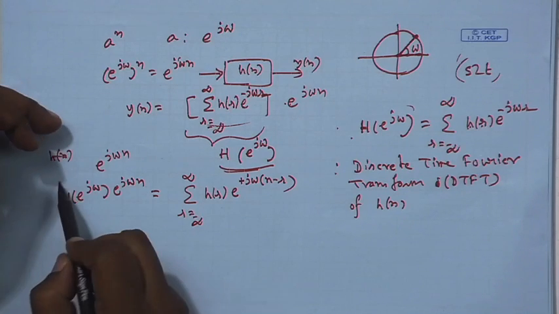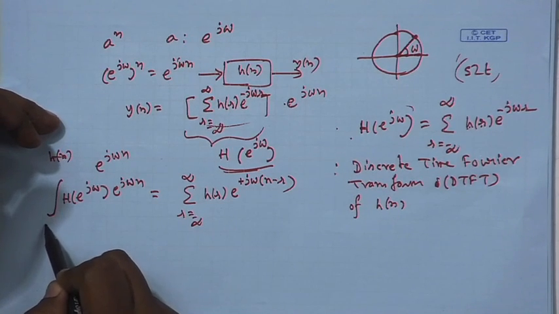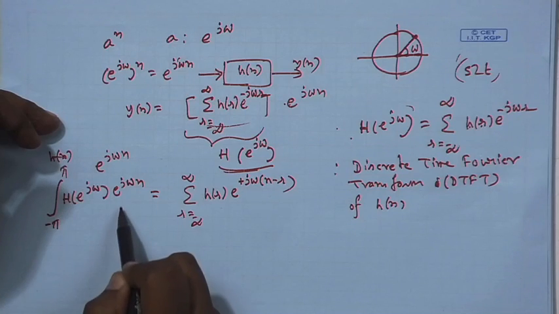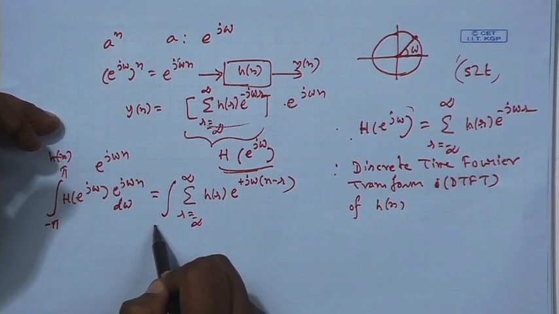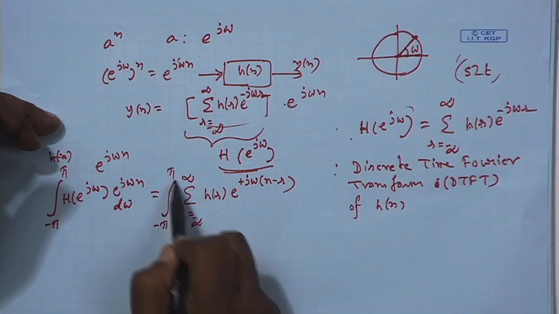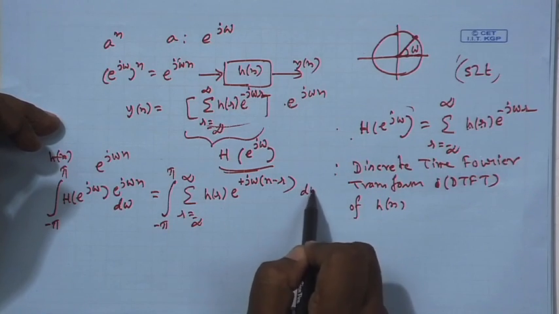No problem. Then suppose I integrate this over a period, minus pi to pi, with respect to omega. So here also I have to carry out the integral. This is a function of omega, over omega.